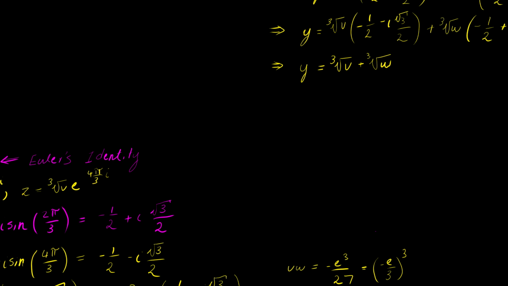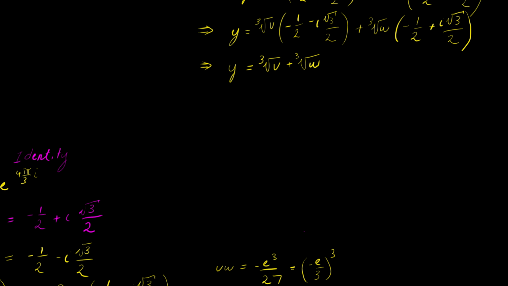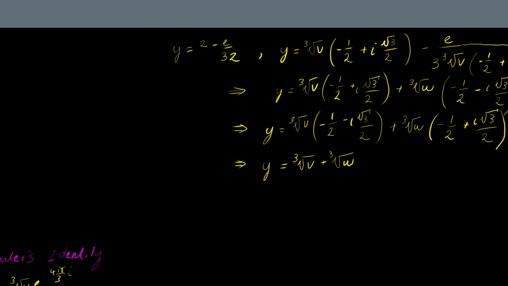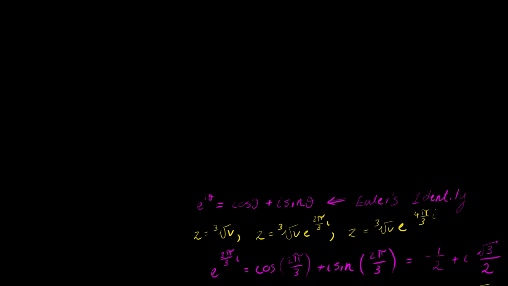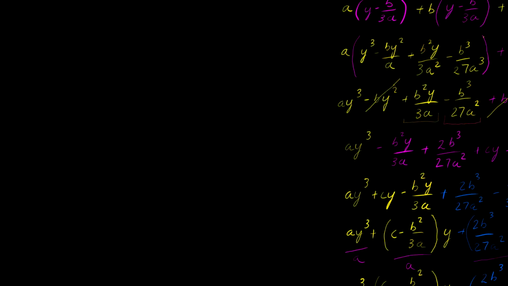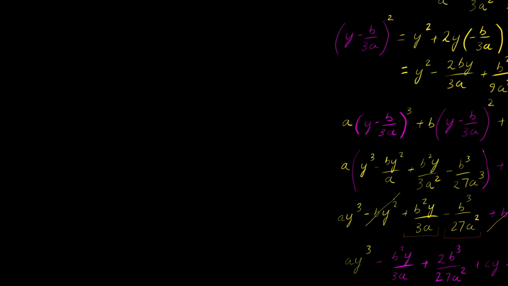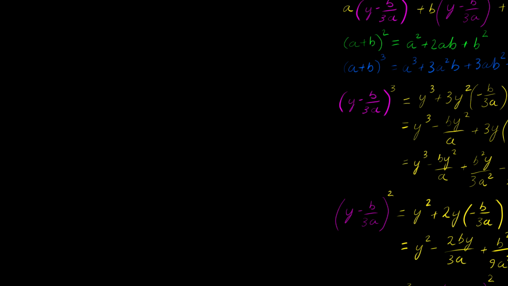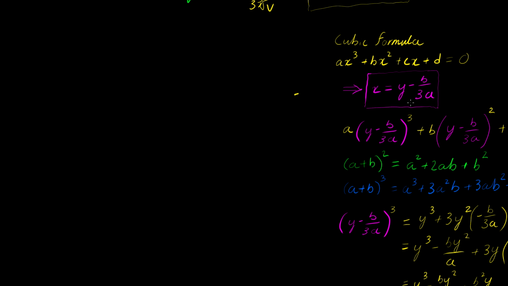But if we go back, what was y equal to? We made this substitution earlier on in the video, I'm pretty sure, if I can find it. This is the first substitution we did. We did x equals y minus b over 3a.